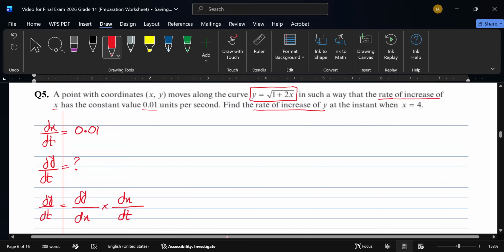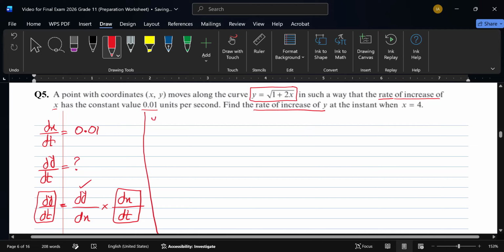If I look closely at this chain rule, the rate of change of y is what we have to find. dx/dt is given to me, 0.01. The unknown is dy/dx. It means I have to differentiate the equation first, then I can use this chain rule.